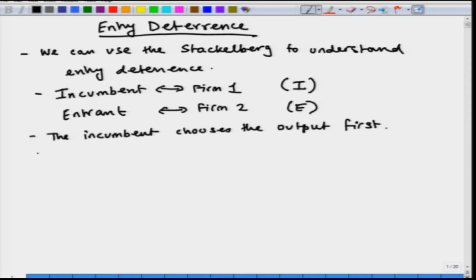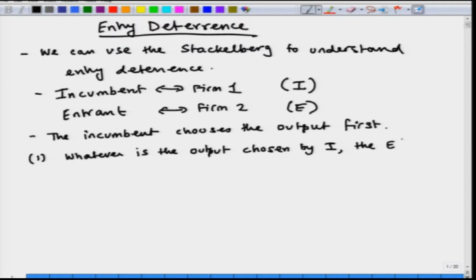So, the first assumption is whatever is the output chosen by the incumbent, the entrant believes that this output will not change even if E were to enter the market.